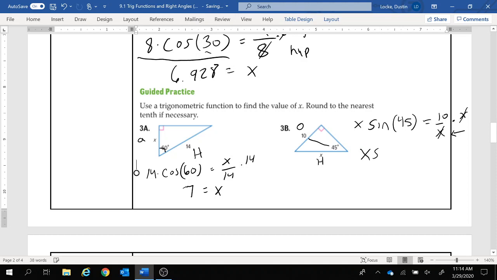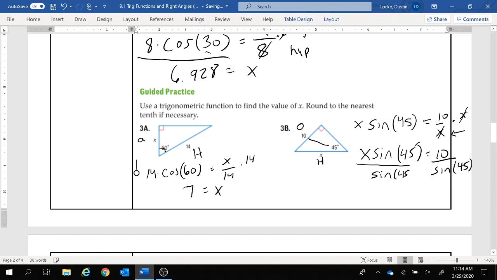Then you'll have x times sine of 45 equals 10. Just doing some algebra here. Well, if I have this on the left side, the only way to solve for x is to get rid of the sine 45. So let's divide sine 45 on each side of your equation.